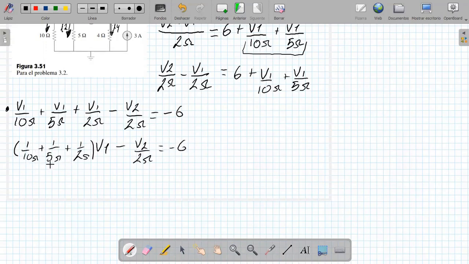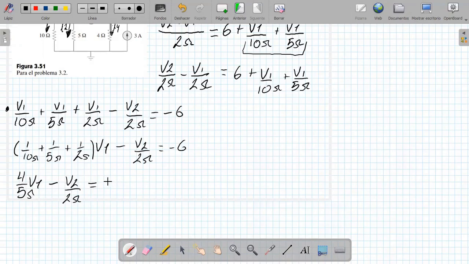So if we add what is here, it will give us 4/5. Please check the calculator. 4/5, not 5/4. If you want, check it on the calculator and you will realize that it is okay. Minus B2 over 2 equals minus 6.